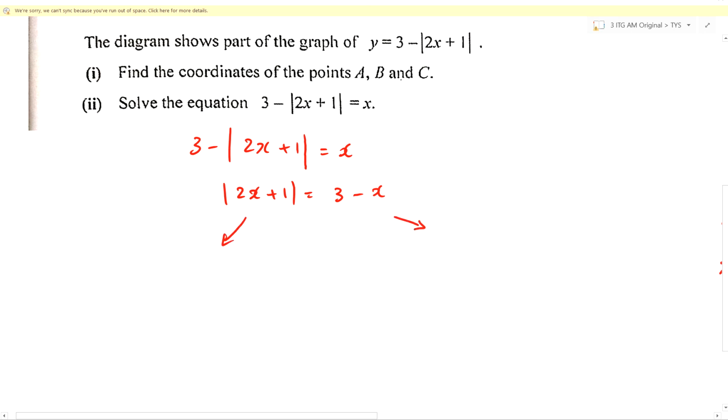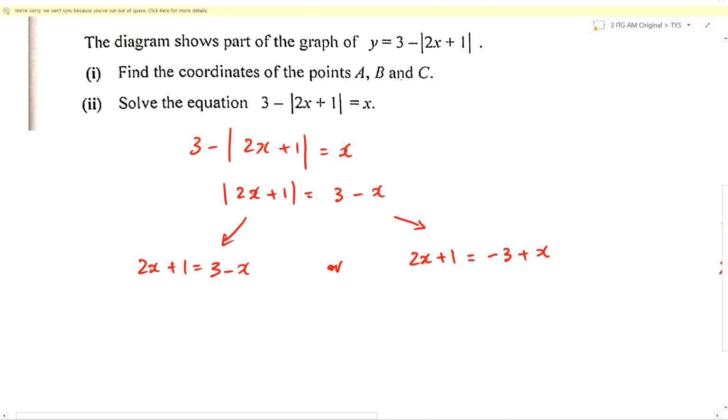Ignore the modulus: 2x plus 1 equals 3 minus x. That is one possibility. The other possibility is to copy down 2x plus 1, and on the right hand side multiply by negative 1. It is the same as removing the modulus and changing the sign. So on this side, negative 3 plus x. These are the 2 equations that we will be solving.